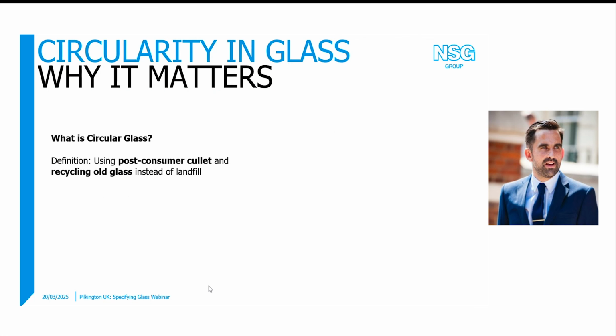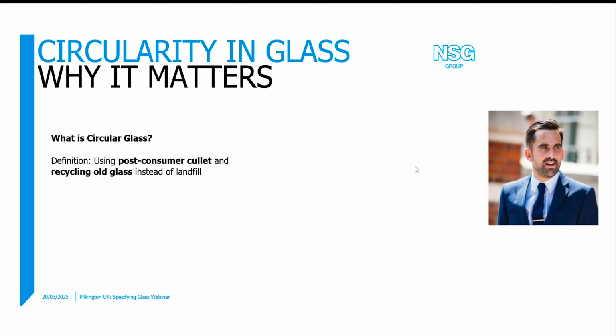So circularity in glass. What is circular glass? Well, glass, as you probably know, as a material, is infinitely recyclable. And our definition of circular glass is using post-consumer cullet, or waste flat architectural glass, and recycling that into more float glass.